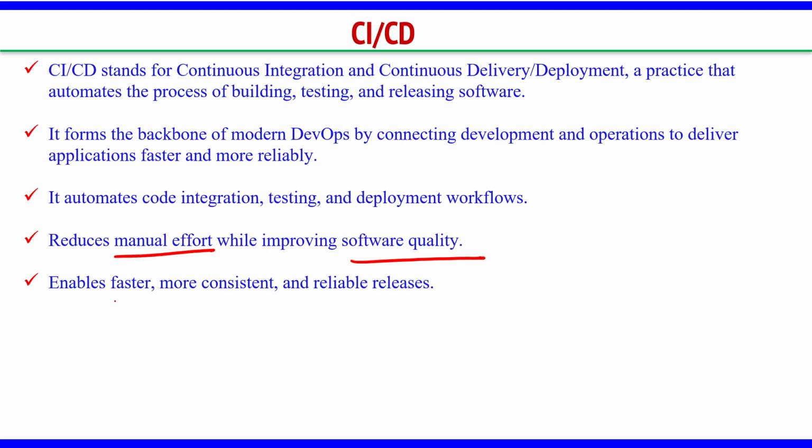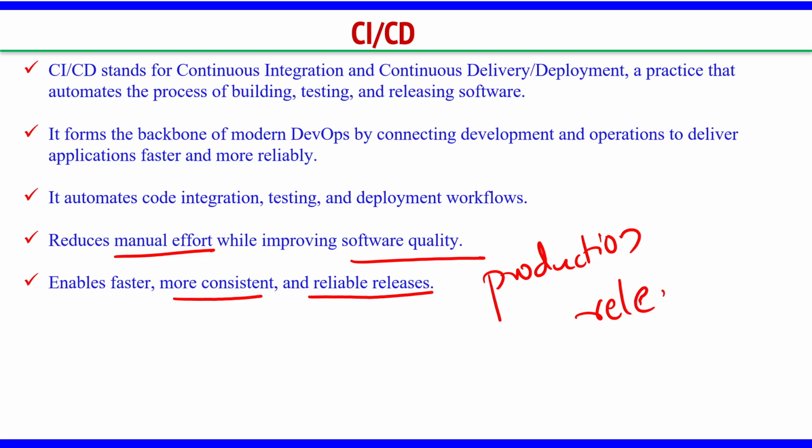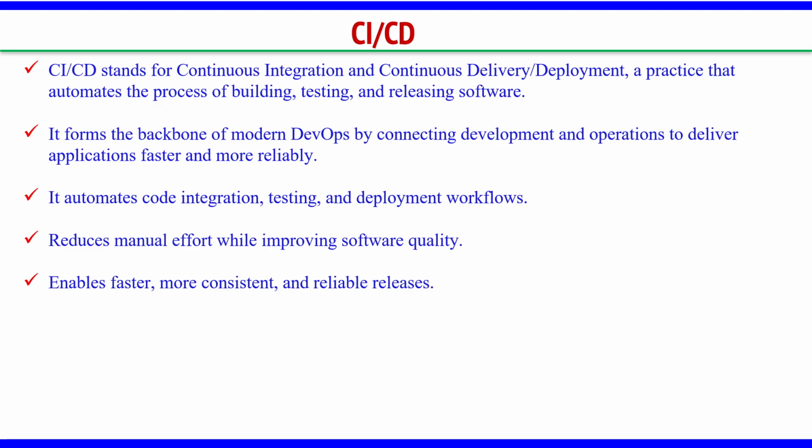It enables faster, more consistent and reliable releases. Release basically means production release. You build a new feature, you are releasing it to the public, you are making it available to everyone in the world. You are making it live. So that's what we call a release.